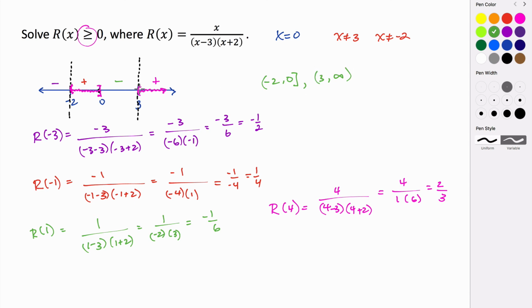So what does this look like in set notation? It's the set of all x such that negative 2 is less than x is less than or equal to 0, because of the bracket here, or x is greater than 3. So this is our interval notation, and then that is our set notation.